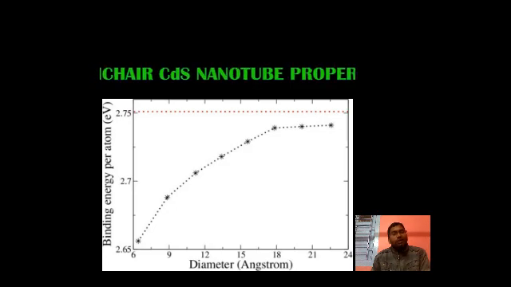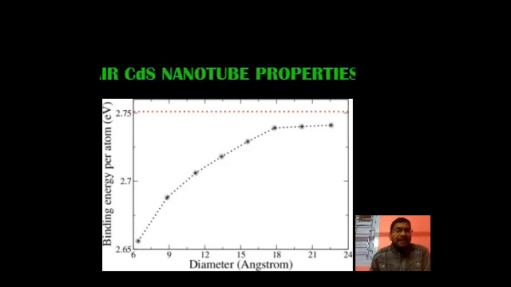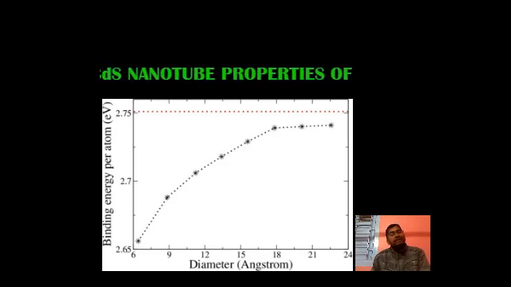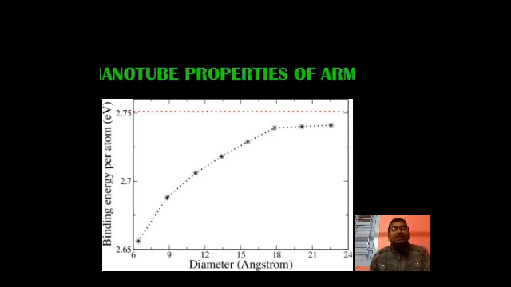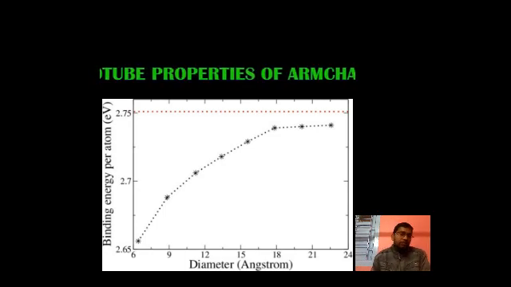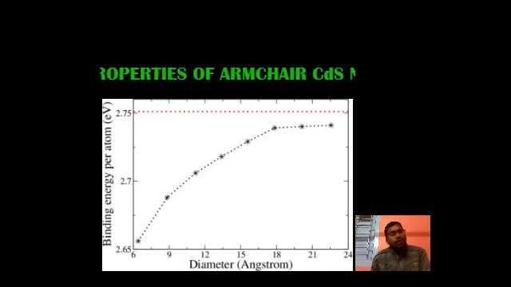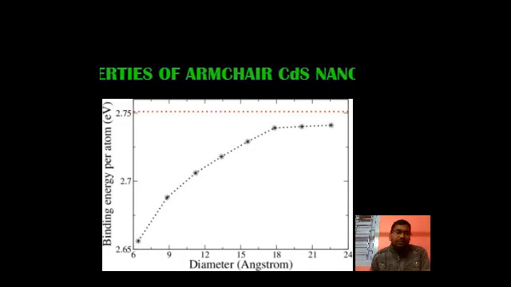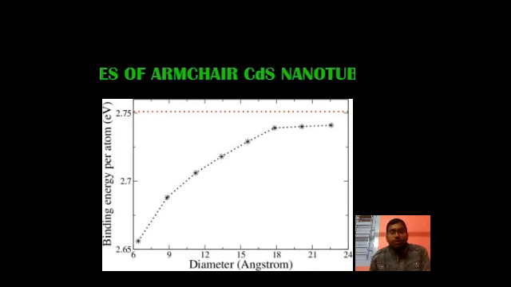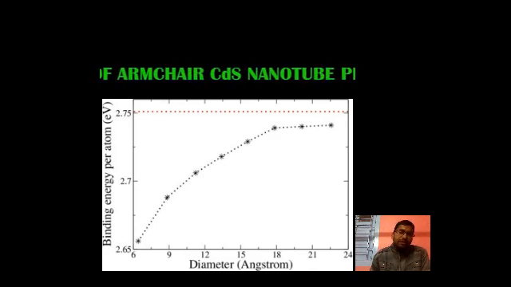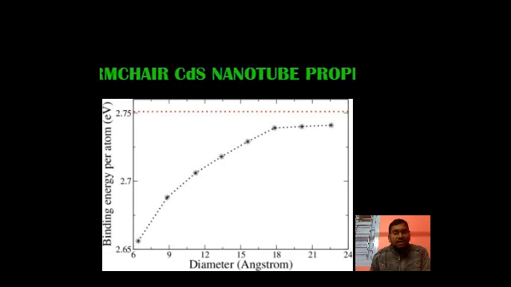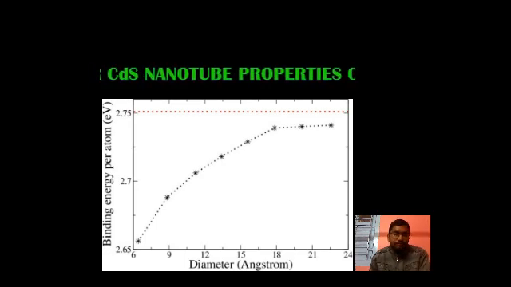This is quite general, because as diameter increases its curvature decreases and its stability increases, that's why its binding energy also increases. This is an important property of cadmium sulfide nanotubes or any other type of nanotube, where we observe that binding energy increases with increasing diameter of the tube.